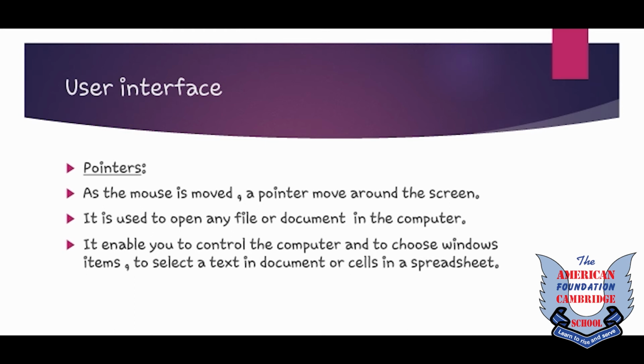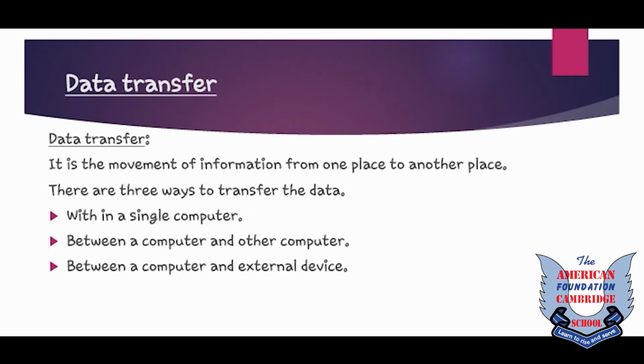The cursor you can see on the screen is actually called a pointer. When you move the mouse, the cursor will move as well, and we use the pointer to open anything or any document in a computer, or to select data as well.